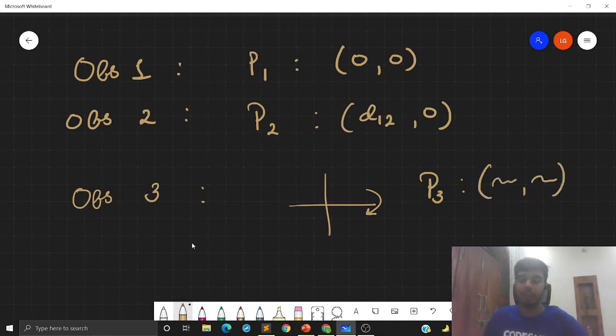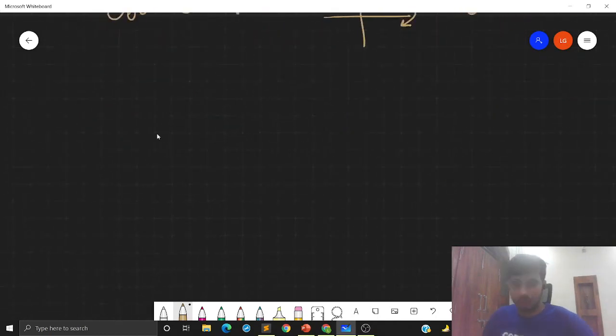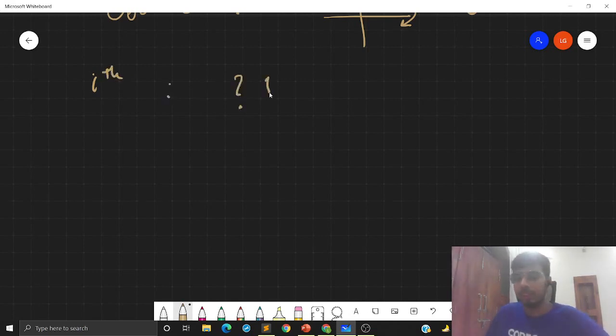Now, once we have got the exact coordinates of these 3 points, suppose I encountered my fourth point, or in general, the ith point. Then I can ask the distances of the ith point from the first point, from the second point, and from the third point.